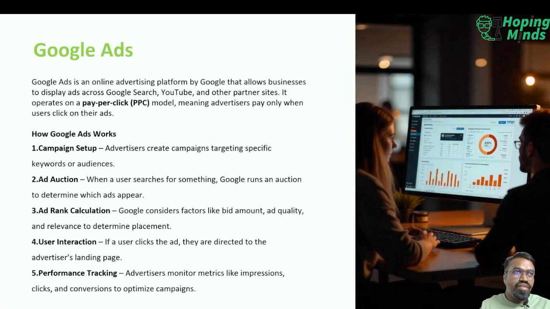For example, I have my digital marketing course and I want to run the ad on Google. My institute's name is ABC, and there is one person who is a competitor of mine.